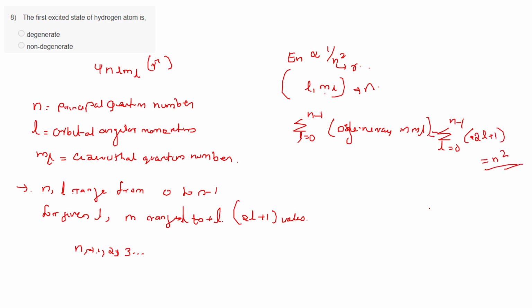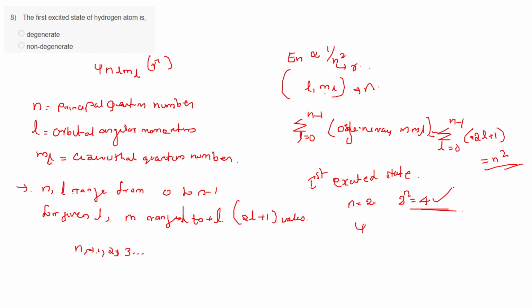So now the degeneracy of the first excited state: first excited means n equal to 2, and for the hydrogen atom that is 2 square, which is 4. So it is degenerate, with degeneracy number 4.